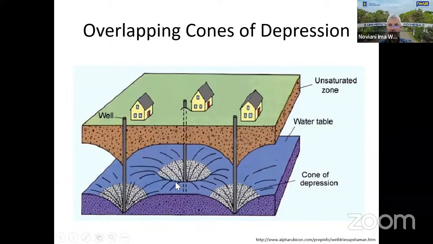And what that means for us, they're making our test a little bit more complicated, if not impossible, to evaluate. We call this the problem of overlapping cones of depression. So here's our cone of depression. And as you can see, they overlap. And that's not good news if you want to run a pump test and you have a pumping well or two or more nearby. At least you need to know about it. Ideally, you talk to these people and say, oh, please don't pump for one day while I'm doing my test. Otherwise, I have a problem.